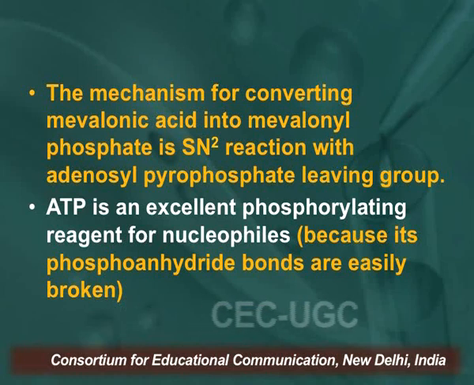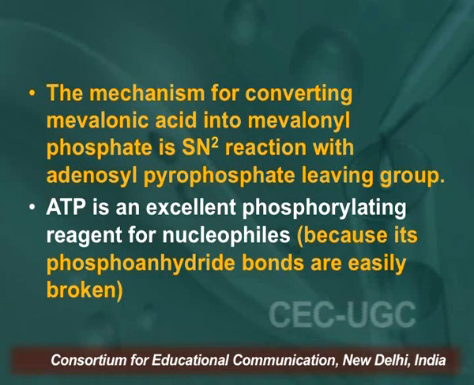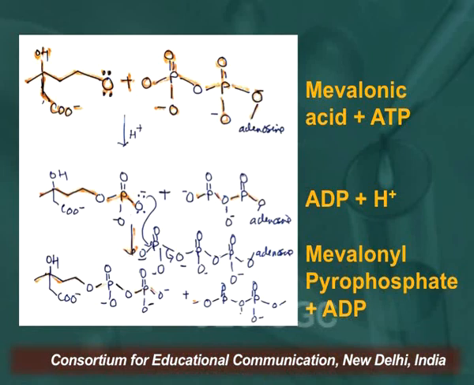And ATP is an excellent phosphorylating reagent for nucleophiles because its phosphoanhydride bonds are easily broken. In this slide you can see mevalonic acid with ATP converting into mevalonyl pyrophosphate with ADP.